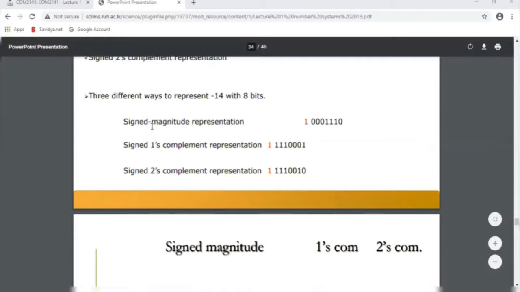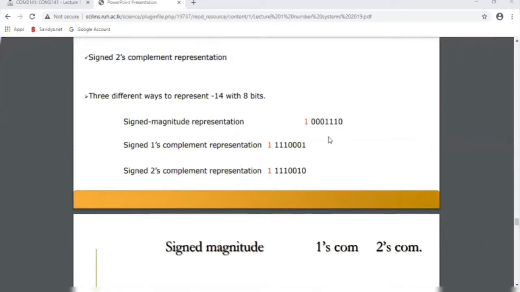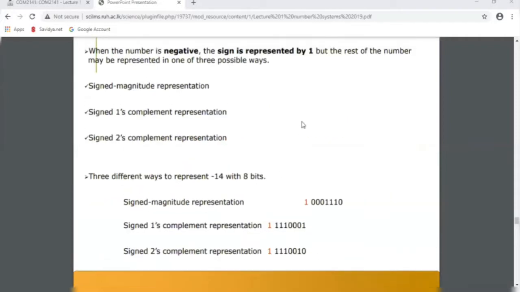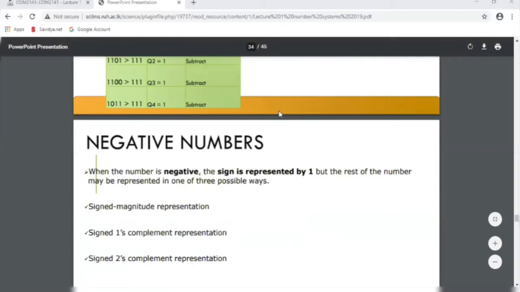So there are several ways of representing negative numbers. Sign magnitude representation, 1's complement representation and 2's complement representation. In sign magnitude representation, actually there's a single digit which should be used specifically for the representation of the sign. Sign means negative or positive. Okay. So if it's negative, we will use the sign represented by 1.